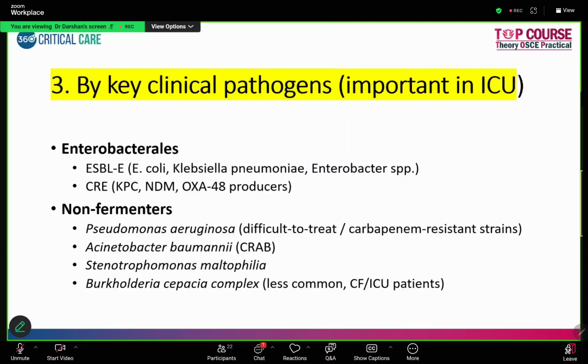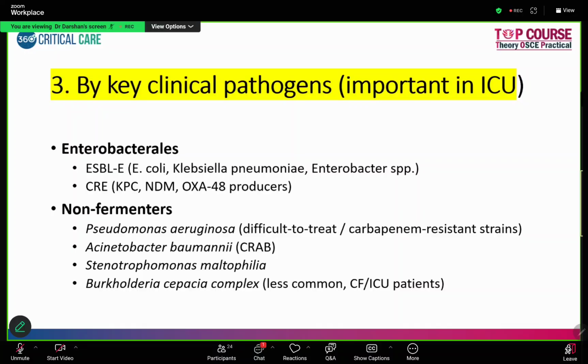Sometimes they would broadly classify it as non-fermenters unless they give us the final report, because when you get an interim report, they will usually mention it as Enterobacterales or non-fermenters. Then we'll get a complete report, right? Along with it, some labs also give us the sensitivity at the same time, by which we can come to an understanding whether this patient is having an MDR sepsis, XDR sepsis, or PDR type of sepsis.